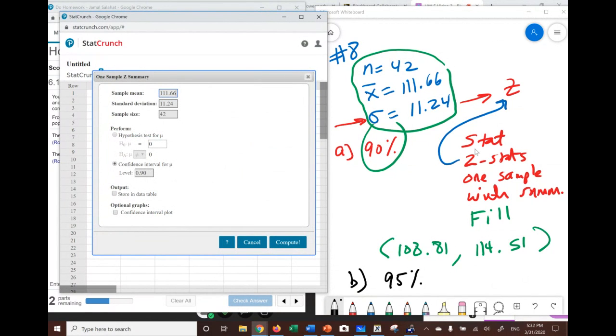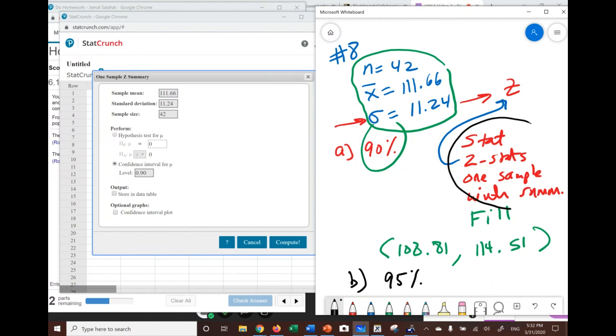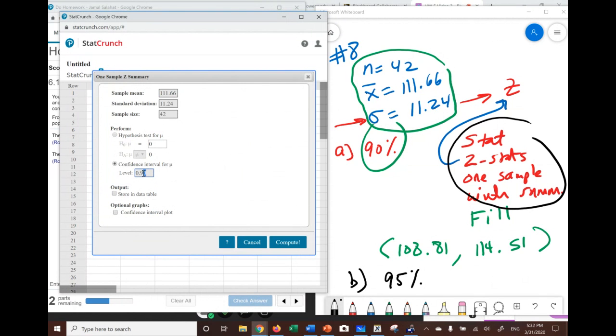I did those steps already, so just go to Edit, and the data is the same: the sample mean, standard deviation, and size n are the same. Just go down here and make the confidence level 95%.